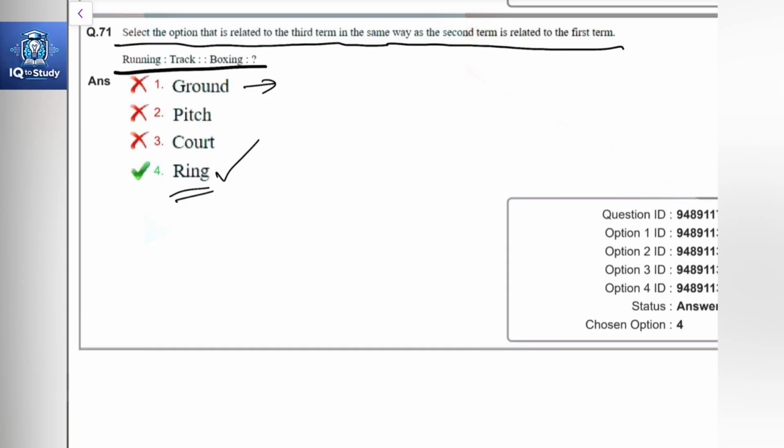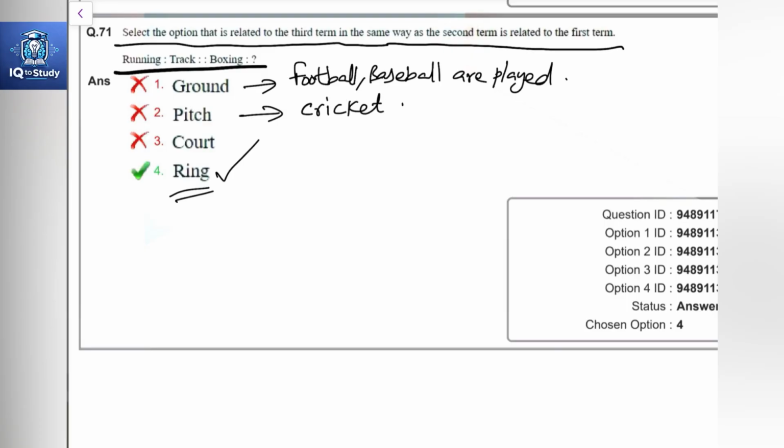And similarly, in the ground, football and baseball are played, and pitch is related to cricket, and court is related to tennis, volleyball and basketball.